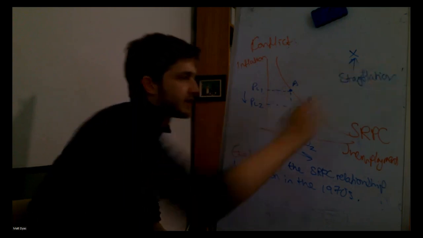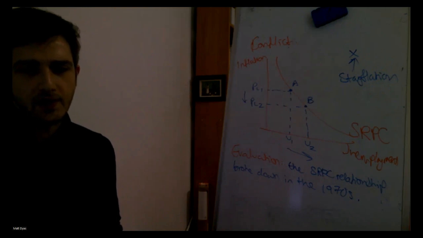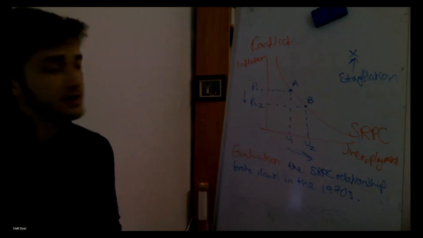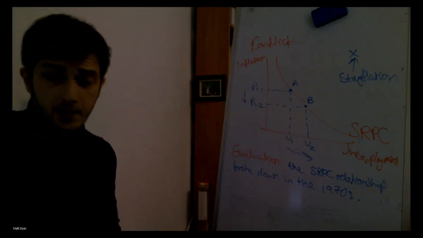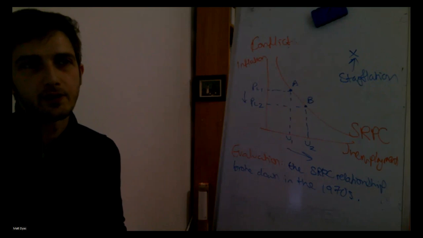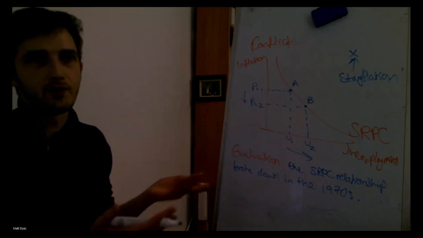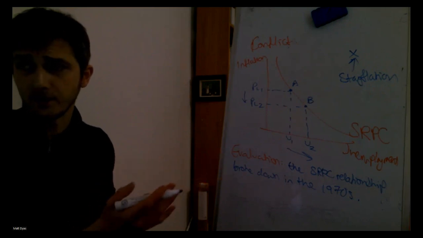And stagflation is a combination of high unemployment and high inflation, particularly associated with supply side problems in the economy. So this stagflation that we experienced in the 1970s effectively just disproved the universality of the Phillips curve.